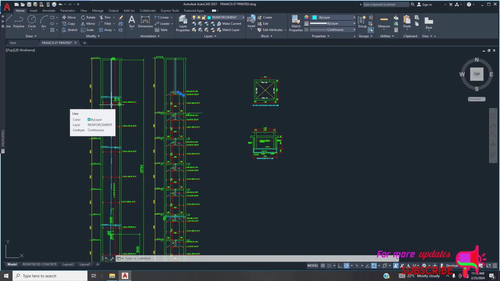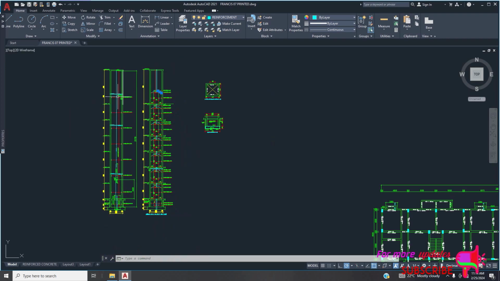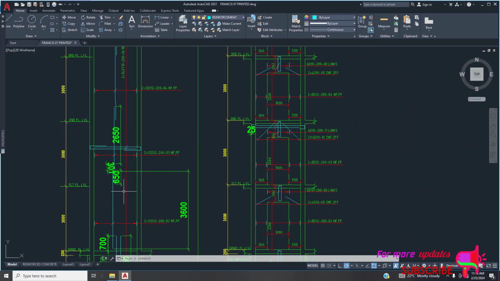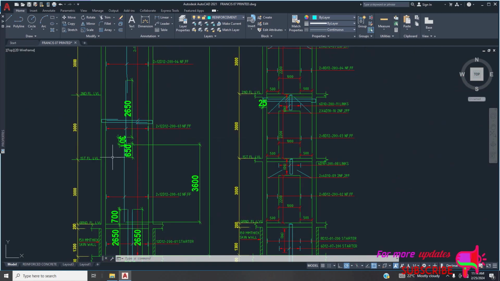So I can mostly guess that the engineer here did not take earthquake seriously. So maybe if you consider earthquake, you will find that you need more reinforcement. Maybe the longitudinal you will find to be sufficient. Maybe you need D16, and maybe you find you need to increase the thickness a bit to 50 millimeter thick wall. So it always depends on your analysis, but the detailing will be typical. All right.